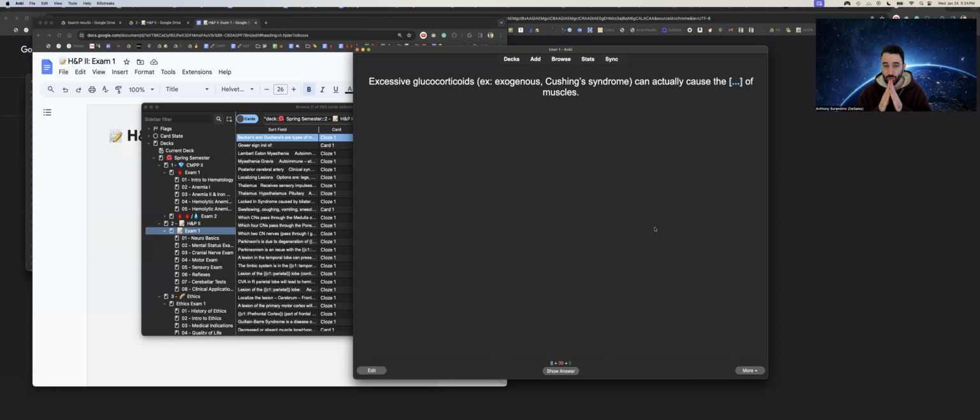Excess glucocorticoids. So these aren't like testosterone steroids. I'm going to say atrophy. Let's go, baby. Do I know why? No idea. But atrophy, steroids, I mean, aren't they anti-inflammatory, like autoimmune?